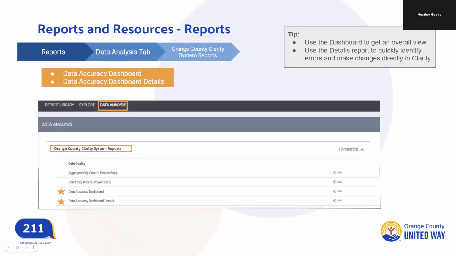So with that, I'm going to jump into a quick demo to show you how to access these reports and what they look like. Bear with me while I switch screens and switch over to Clarity.